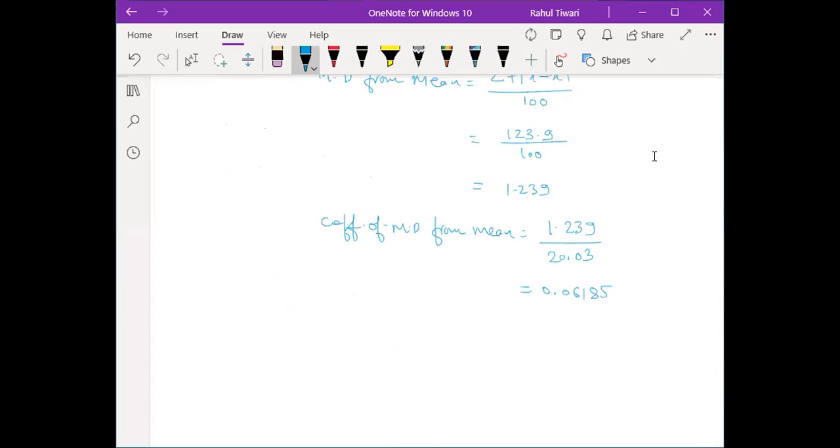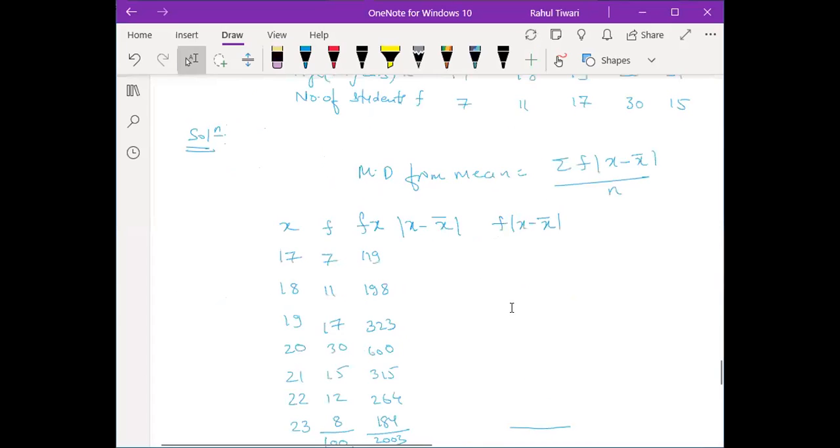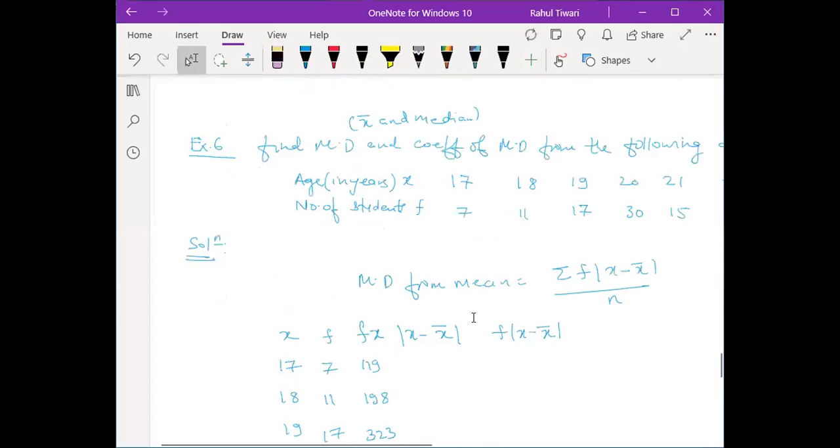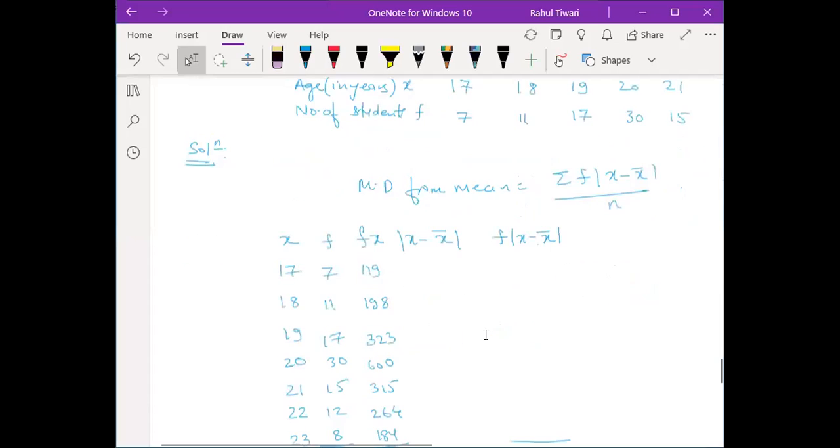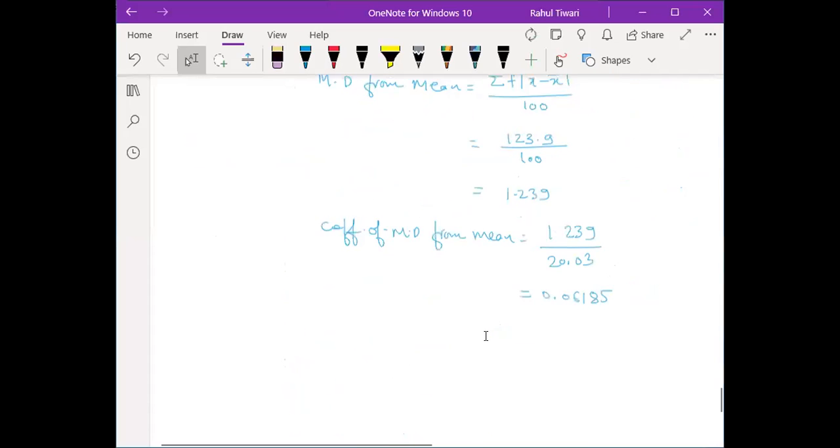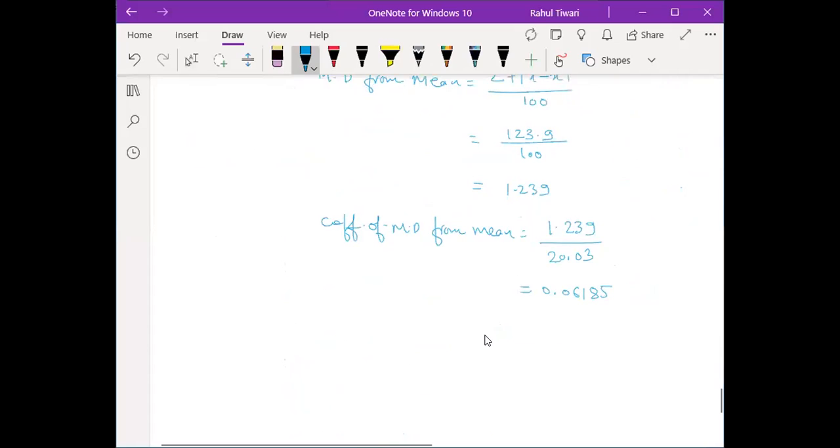Now what you have to do is find out MD from median. So we calculate the median first. So how to calculate the median?